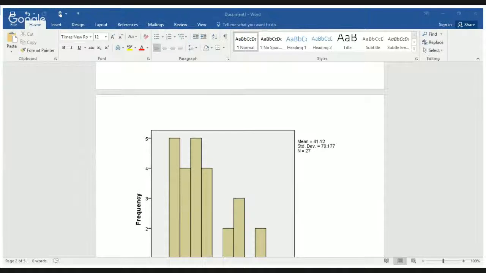So for the squared deviation, 0.04, then 0.04 again, then 0.16, because it's 16 and you need two decimal places. Then 0.01, and then 0.36.